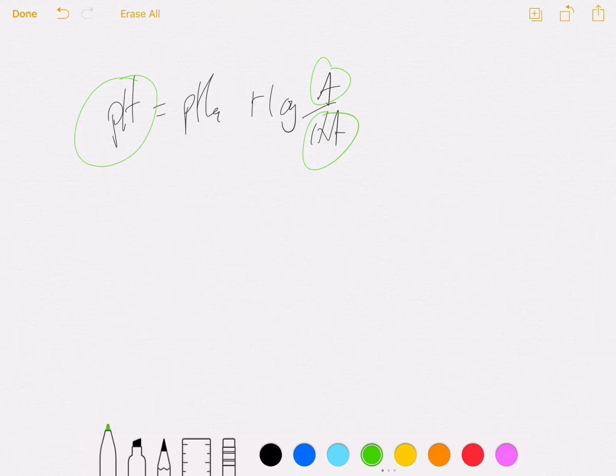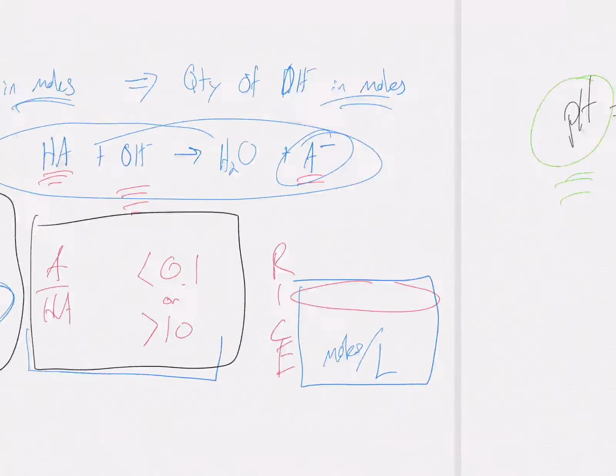What you're doing is plugging in initial values of A and HA post-neutralization and approximating them for equilibrium values to solve for an equilibrium pH, given what we figured out with the math in lecture: when you're in this ratio and your concentration is significantly high, the value by which these concentrations change in the E row of an ICE table will approximate to the same value as in the I row. Okay? And so that's just a very straightforward application of the Henderson-Hasselbalch equation to calculate your pH.